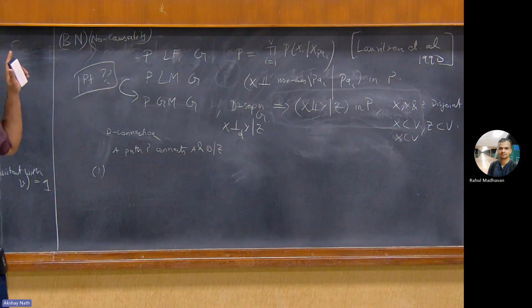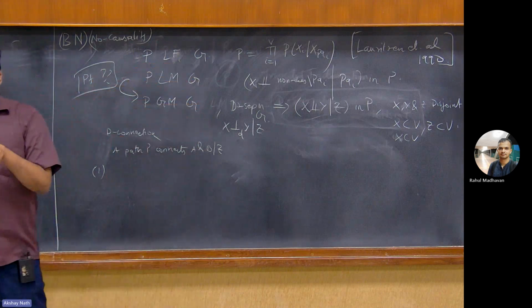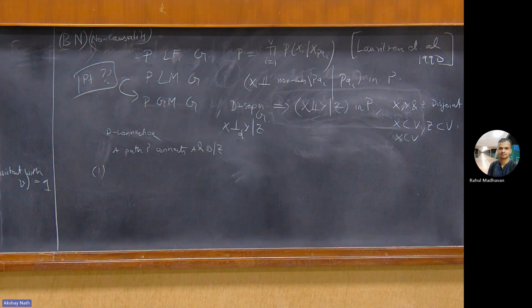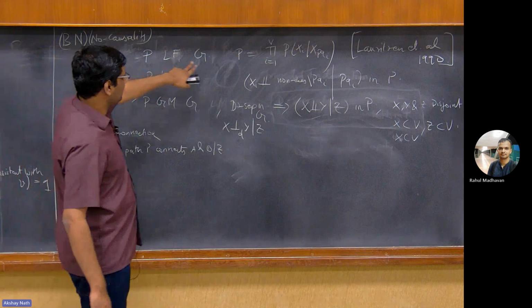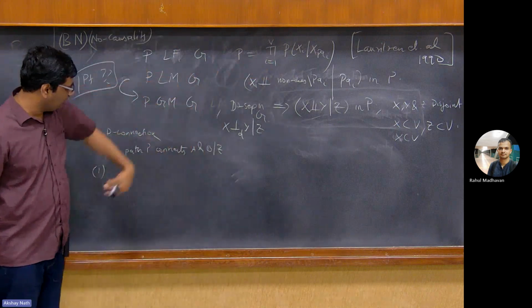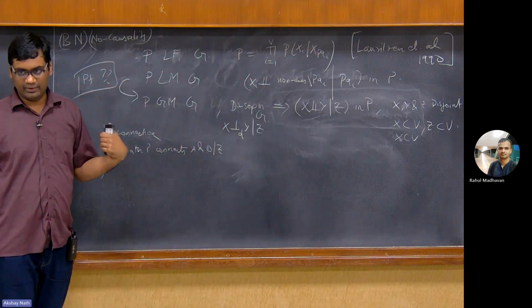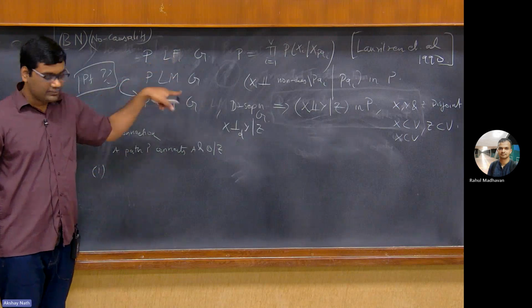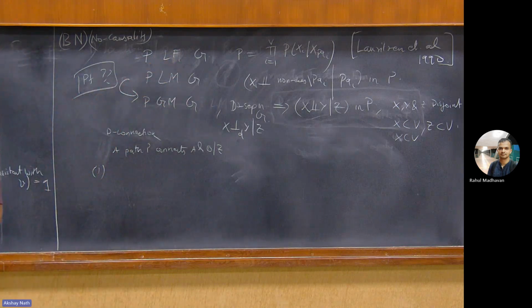By the way, there is an analogous set of statements for undirected graphs, with their factorization. I'll come to that. There, these three things are not equivalent, and there are counterexamples. We will go to that.